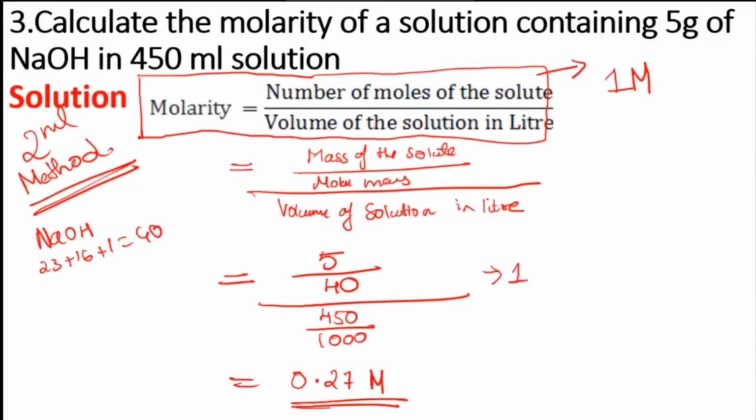And the last mark is given for your final answer, the correct answer with the unit. If you have written the answer and there is no unit, then you lose this whole mark. There is no half mark; it's either 1 or 0. So 3 marks go like this. This is how the marks are distributed.